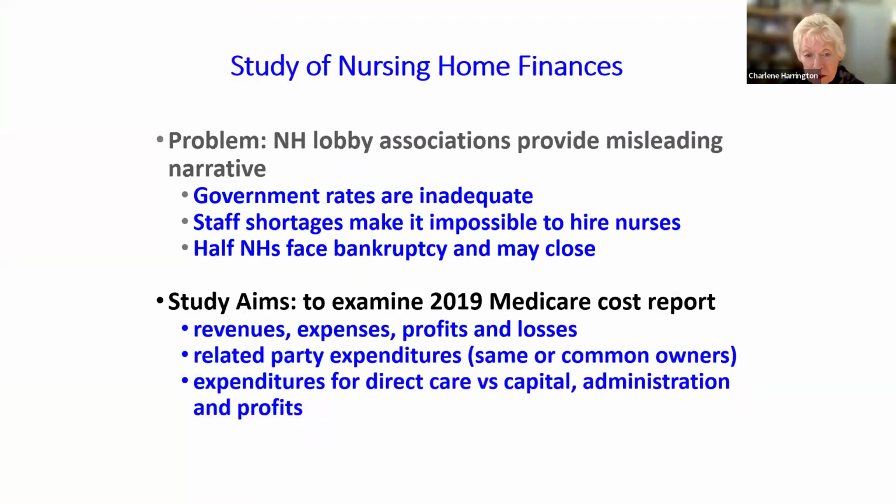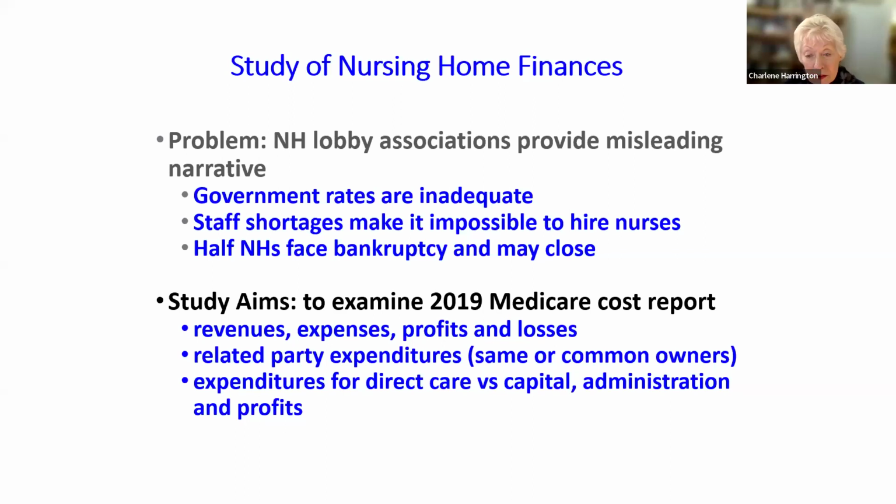It's a study of nursing home finances nationally using all the cost report data. We wanted to look at the issue of profitability primarily, because the nursing homes have been saying their government rates, especially the Medicaid rates, are too low.